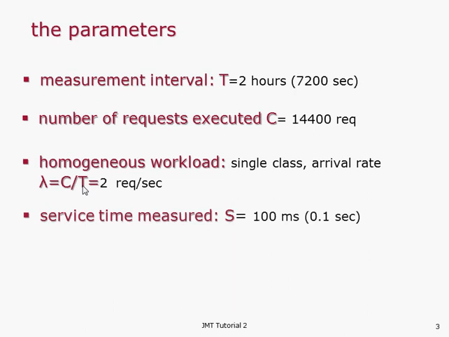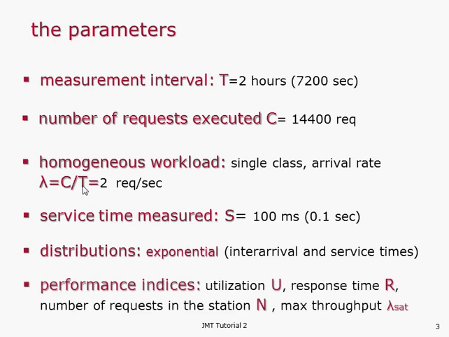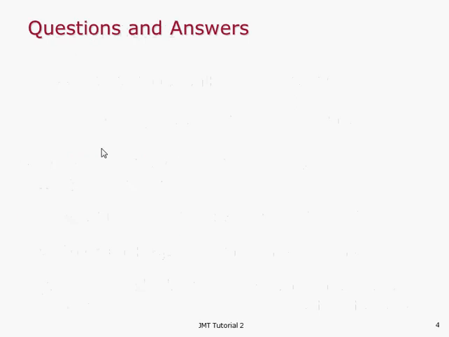So we compute the mean value of all the service times required, that is 100 milliseconds, so 0.1 second. The distributions that we are going to use will be exponential, just to be consistent with the previous case used with JMVA, and the performance indices are the same considered before.